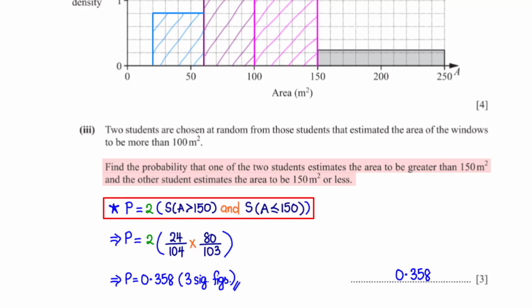For this probability, we have the probability that the first student estimates an area greater than 150 meters squared and the second student estimates an area less than 150 meters squared. The order in which the students are picked can differ. Due to this, we multiply this probability by 2.